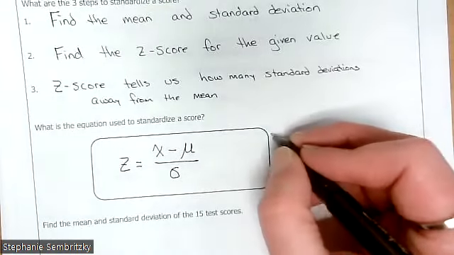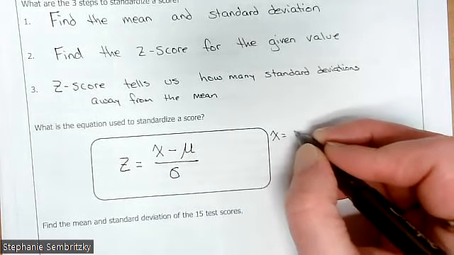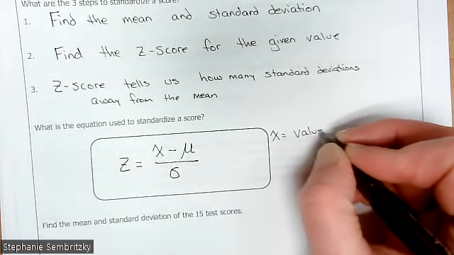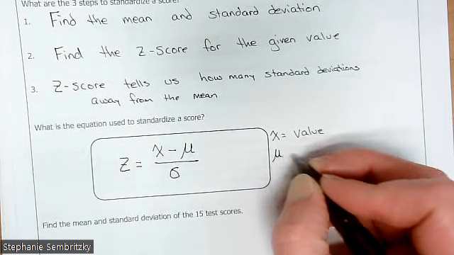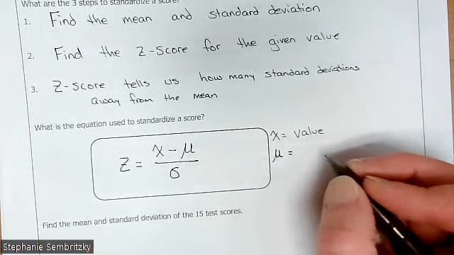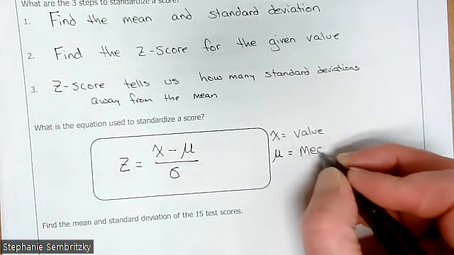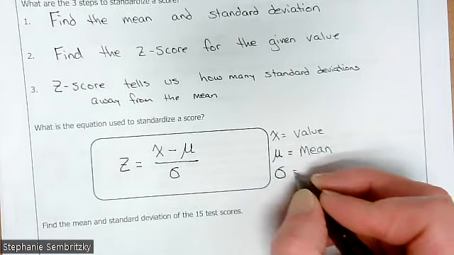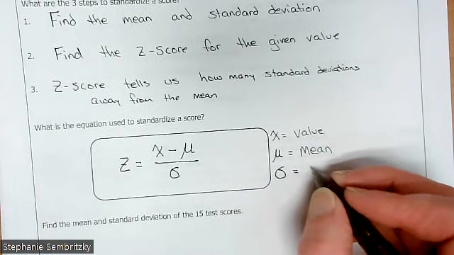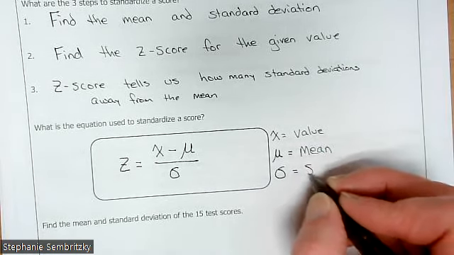So X represents the data value. What is that weird fancy U looking thing? That's the mean. And this weird pregnant 6 looking thing is the standard deviation.